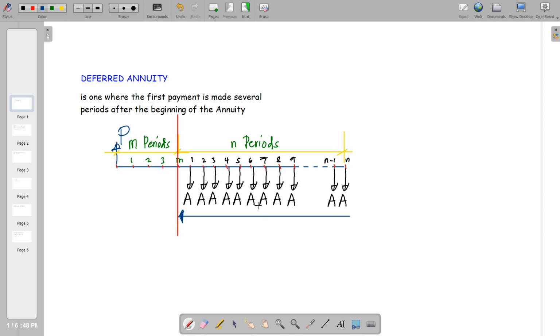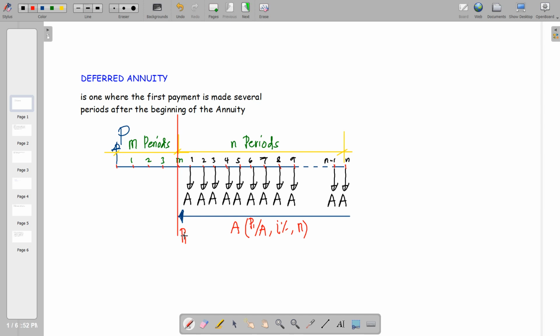We have the notation A times, and if this shall be labeled as P1, the notation to be multiplied by the annuity is finding P1 given A at i% at N periods. So these annuities will be brought to M with this notation, and it will be taken as P1. So P1 is brought to this M.